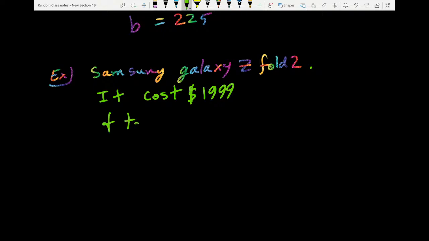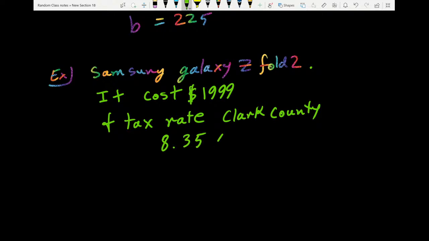And the tax rate in Clark County, welcome Terrence Jones, tax rate in Clark County is 8.35, I believe. Yeah, 8.35%.